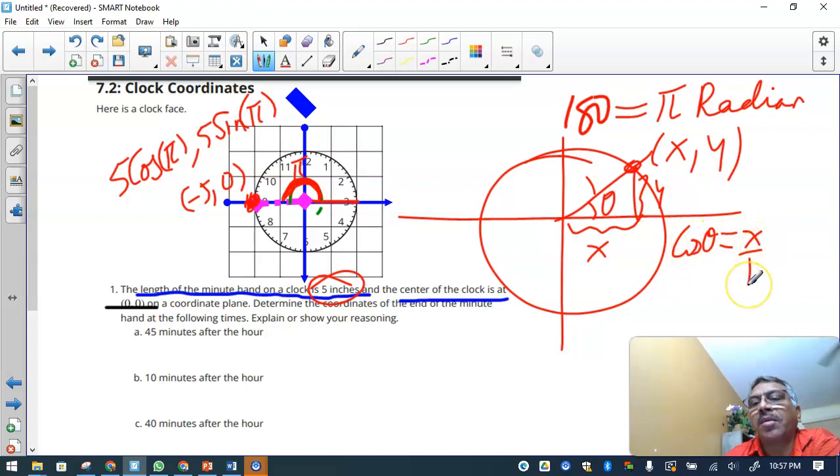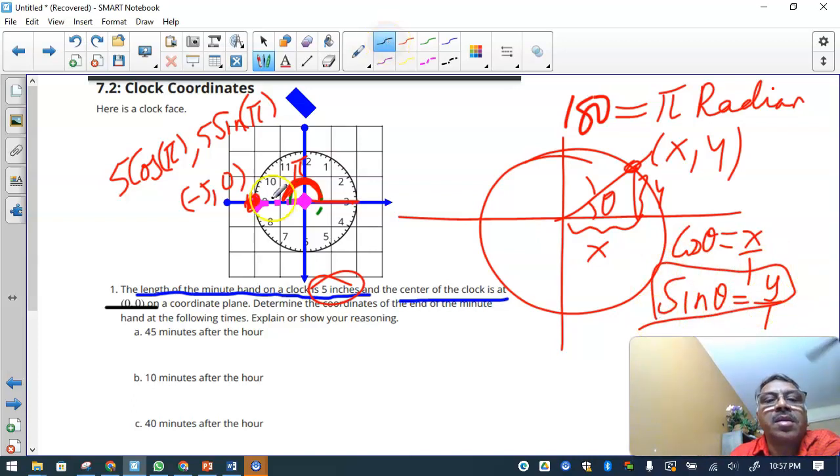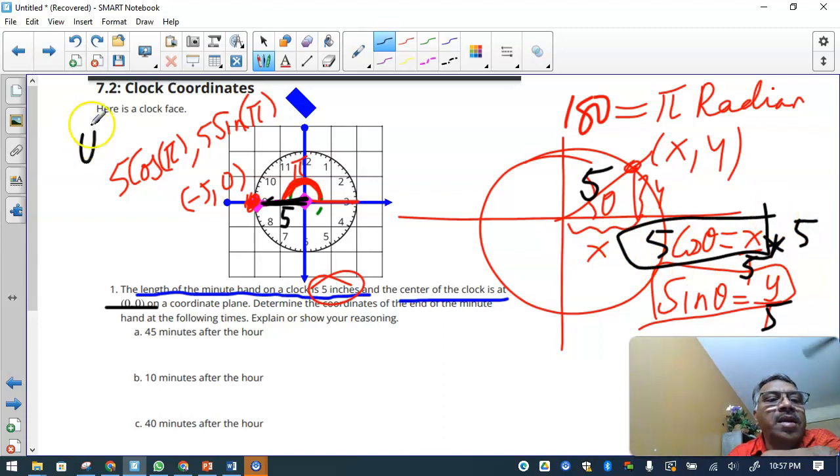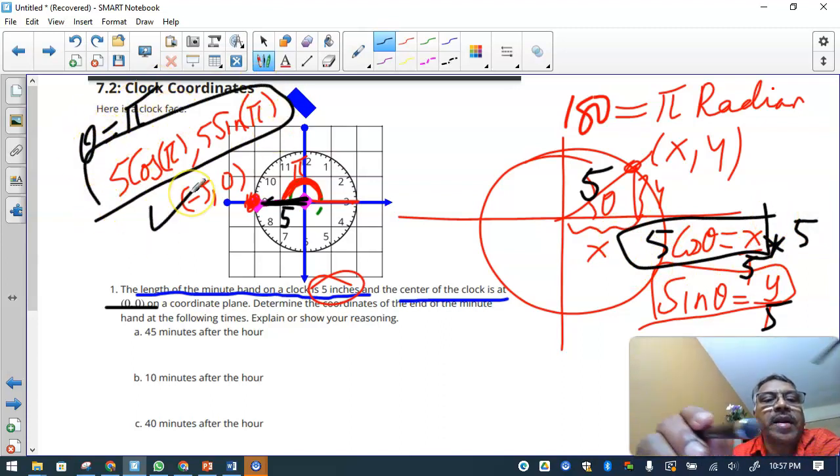Because it was 1, you just write x equals cosine theta, and sine is opposite over hypotenuse. So this is what we used to write. But now this is 5 here, so you have to be very careful. Because it is 5, when you multiply 5 on both sides, x becomes 5 cosine theta, and y is 5 sine theta. So this is also correct directly.